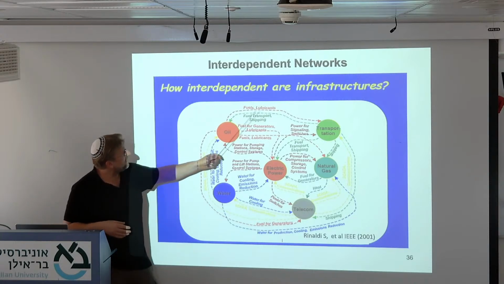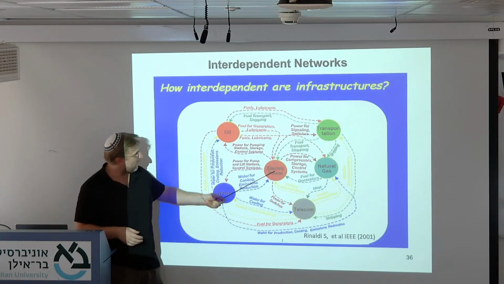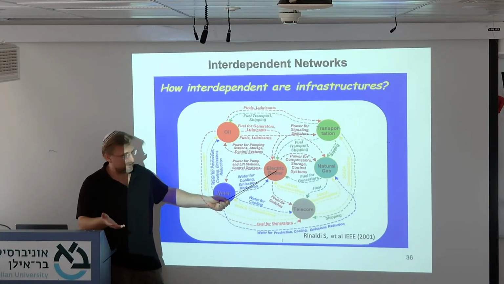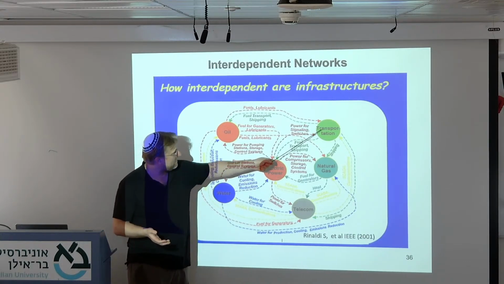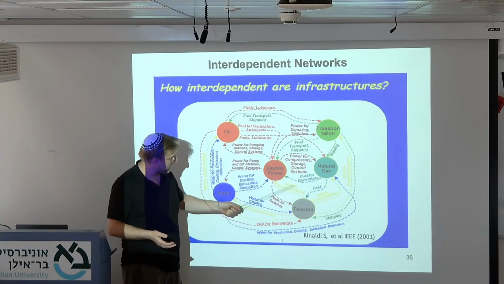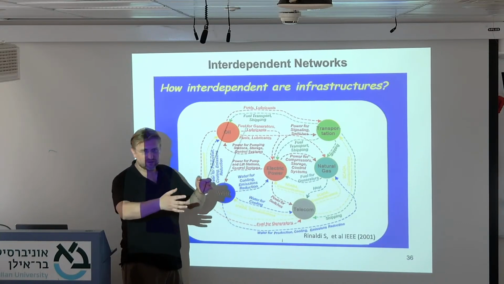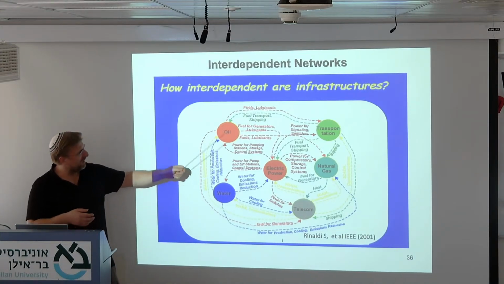So you have infrastructures that are very dependent on each other. The electric power grid, which is a network of itself, depends on the natural gas, right? On the transportation network, on the telecommunication network that synchronizes different power plants, on the water network, oil, and whatever.